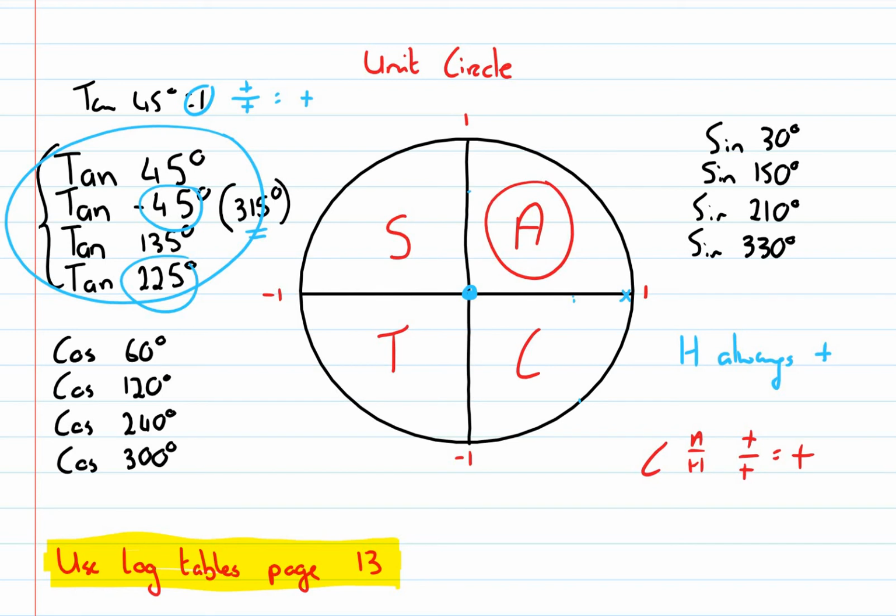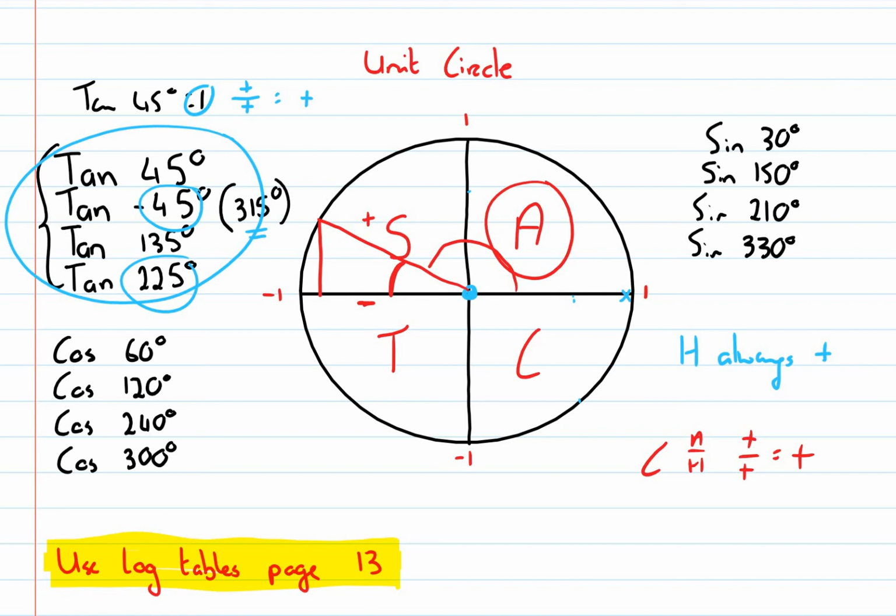If we look at 120, it's going to be here. Draw a triangle here. We look for this angle. We'll say that is positive, okay, because the hypotenuse is always positive. This is also, so the adjacent is negative.